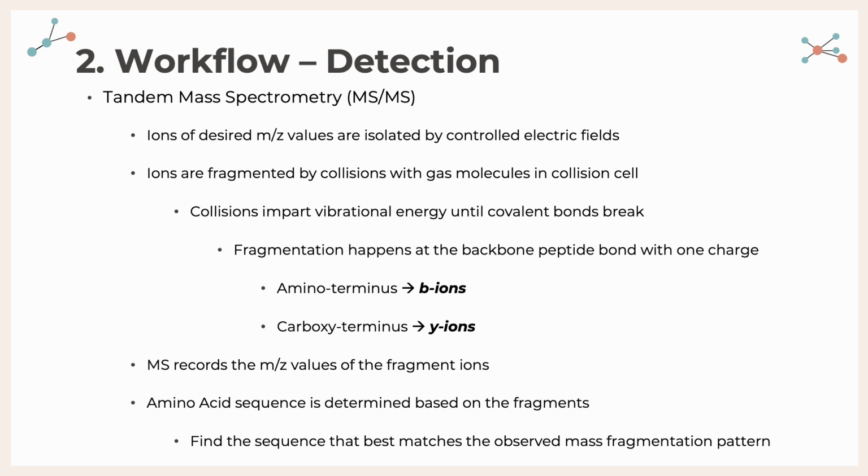And then the final point is that amino acid sequence can be determined based on the fragments. So we have these very small mass spectra, very specific to an amino acid or a specific amino acid sequence. And when we put them together, we can get the whole chain of the protein, right?